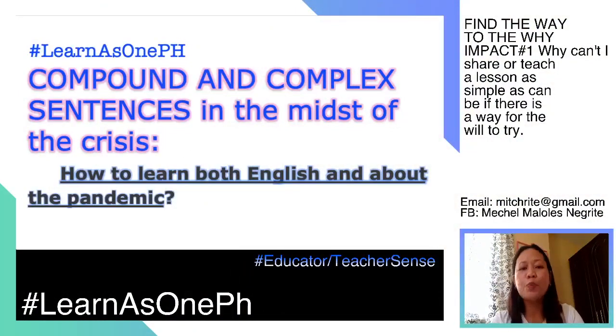On the screen, we have the hashtag Learn as One PH because of the Vival group. And we're going to theme this class using compound and complex sentences in the midst of the crisis. So, how to learn both English and about the pandemic.